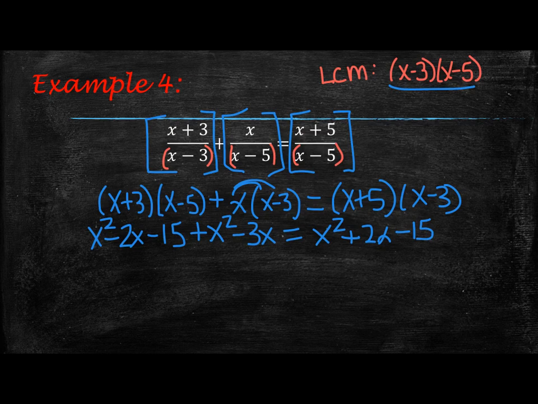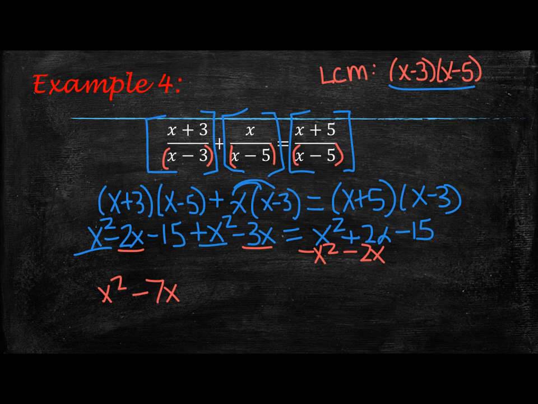So if I get everything on one side, I've got my x squared, that's 2x squared, but then I'm going to subtract this x squared, so 2x squared minus x squared is just x squared. Then I have negative 2x minus 3x, that's negative 5x, but then I'm also going to subtract this 2x, so negative 5 minus 2 is negative 7x.